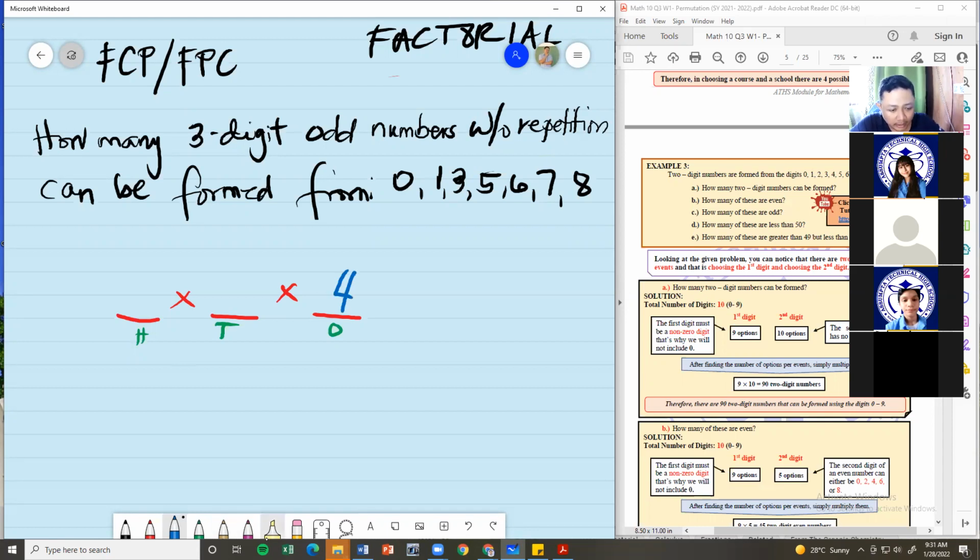But wait, take note. There is another restriction here. Without repetition. In short, bawal umulit yung mga digit. One thing is clear. One digit is already used for the ones digit.